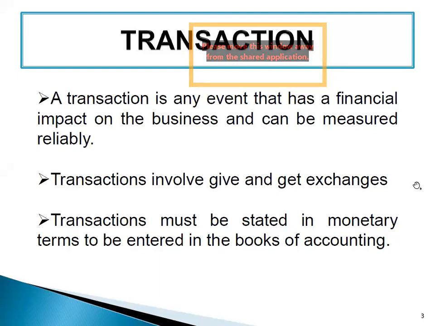Then we have: a transaction must be stated in monetary terms. Monetary means you are writing down the values, for example, that I have purchased furniture of 1 lakh, I have purchased my equipment of 50,000. So you are notifying and recording your financial data to be entered in the books of accounts.